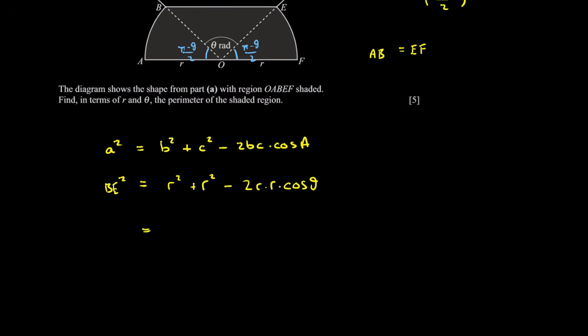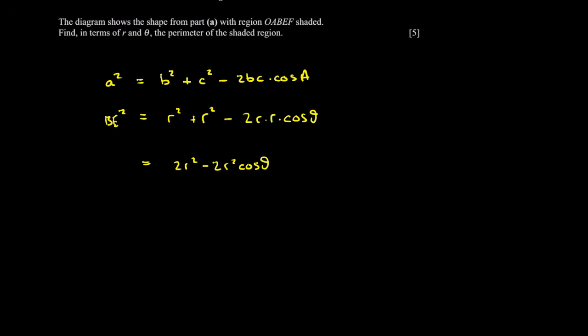So this will be 2r squared minus 2r squared cos theta. I can factorize out 2r squared, bracket 1 minus cos theta. Therefore, if I square root both sides, BE will be equal to r times the square root of 2 bracket 1 minus cos theta. Okay, so that's the length BE.